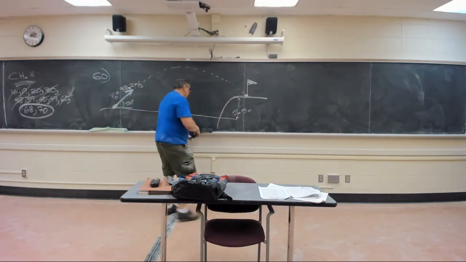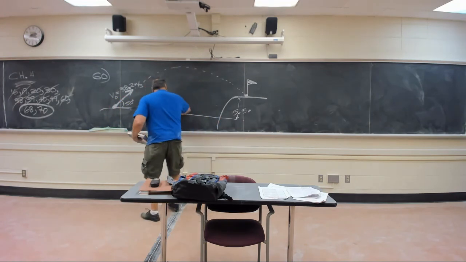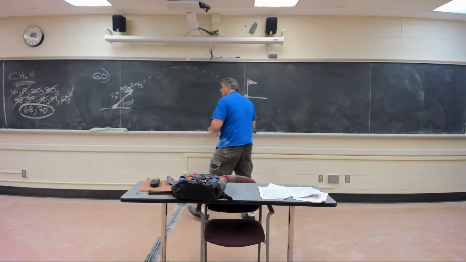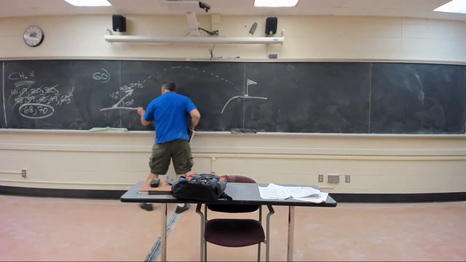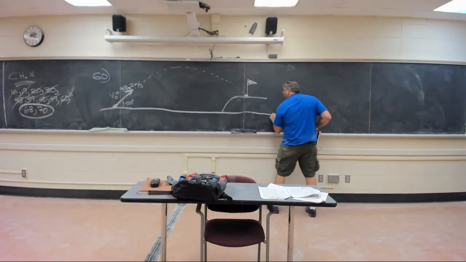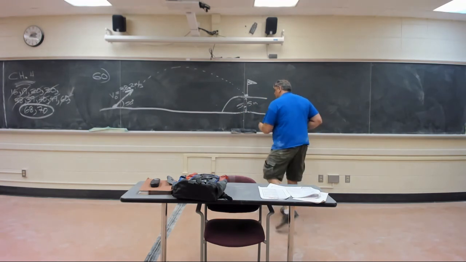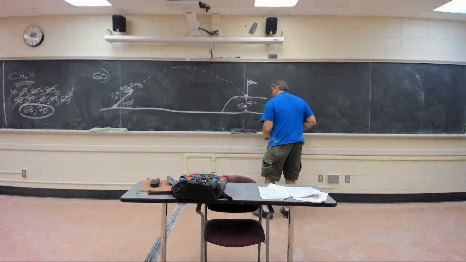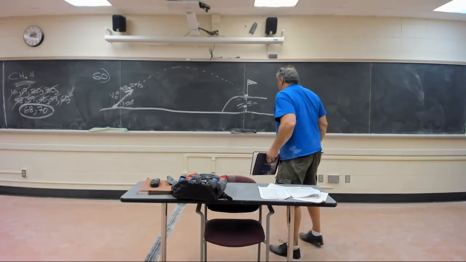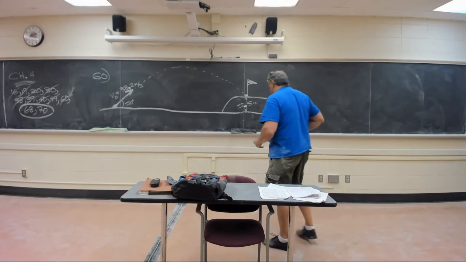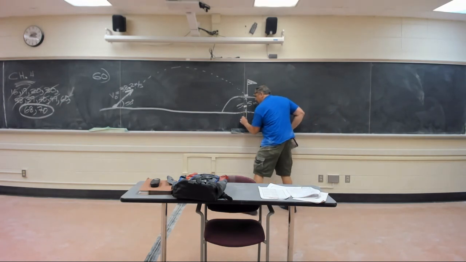I mean, this is quite a bad drawing, guys. I'm sorry. I think you know where I'm trying to go, though. So what's going on here, guys? You got to find the time elapsed, the maximum height, and the range. You got to find this right here.